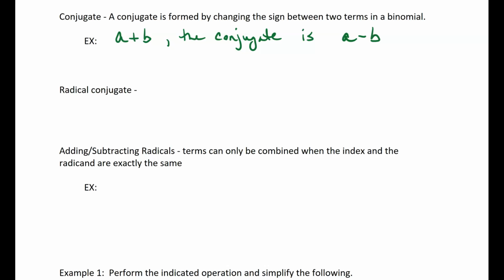So that's what a conjugate is. So what if I gave you x cubed minus 4? What would its conjugate be? X cubed plus 4? Yes. X cubed plus 4.